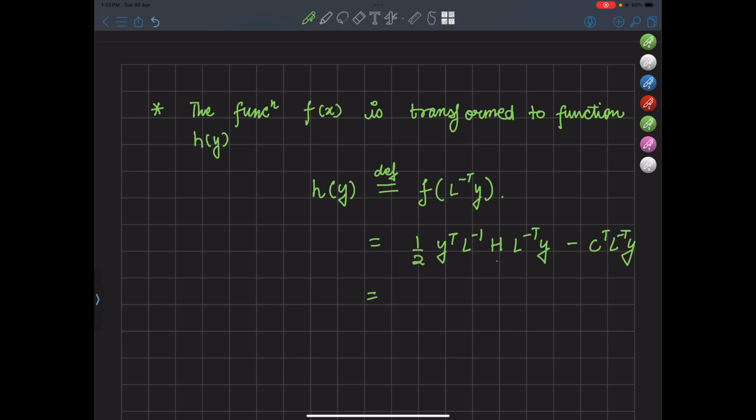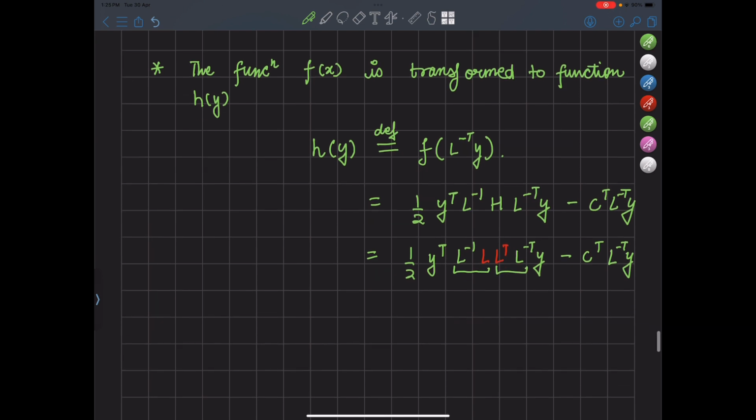Now we know that H is LL transpose. So half y transpose L inverse L L transpose L inverse transpose y minus c transpose L inverse transpose y. Now we can see this becomes identity, this becomes identity, and the function becomes half y transpose y minus c transpose L inverse transpose y.